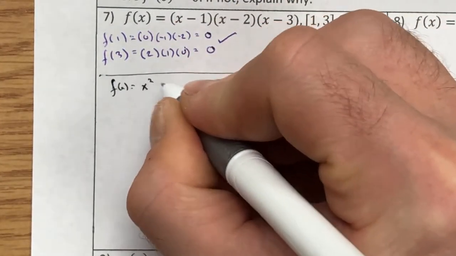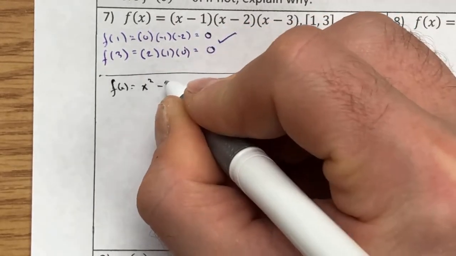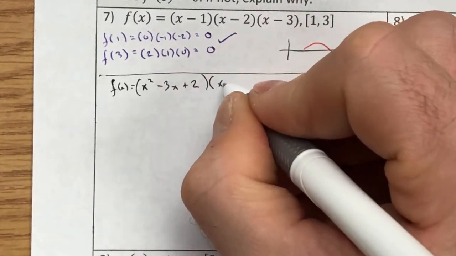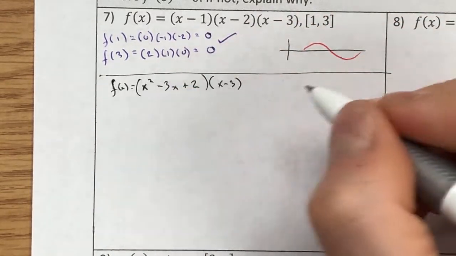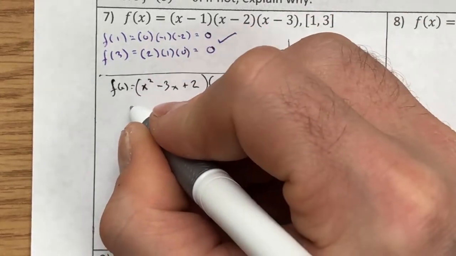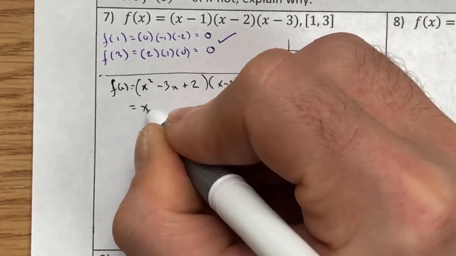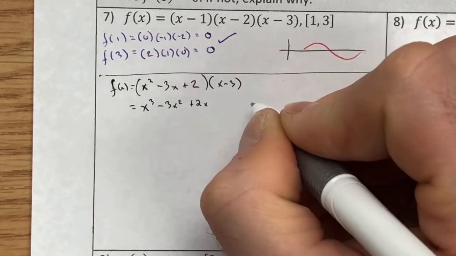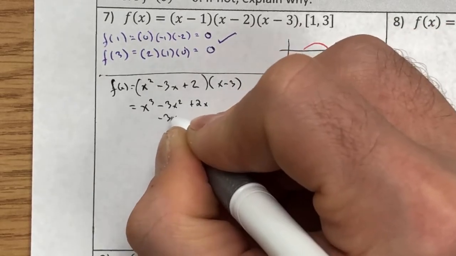So that'd be x squared minus 1x minus 2x. Negative 1 times negative 2 is plus 2. I'm going to distribute that x minus 3. So my first thought is to distribute the x and then distribute the negative 3.